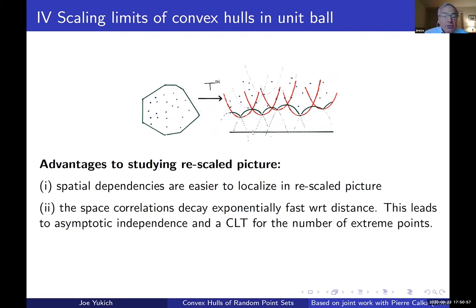The spatial correlations turn out to decay exponentially fast with respect to distance, meaning that the extremality status of a point, of course, depends upon nearby points, but the correlations decay exponentially fast with respect to the distance, as we'll see in a few minutes. And this leads to asymptotic independence and the central limit theorem for the number of extreme points, or more generally, the number of k-faces in the convex hull.